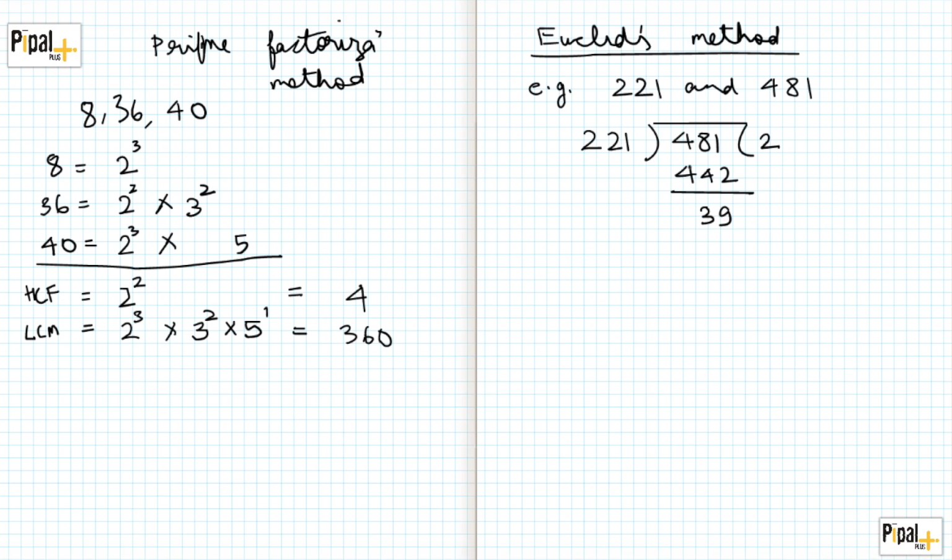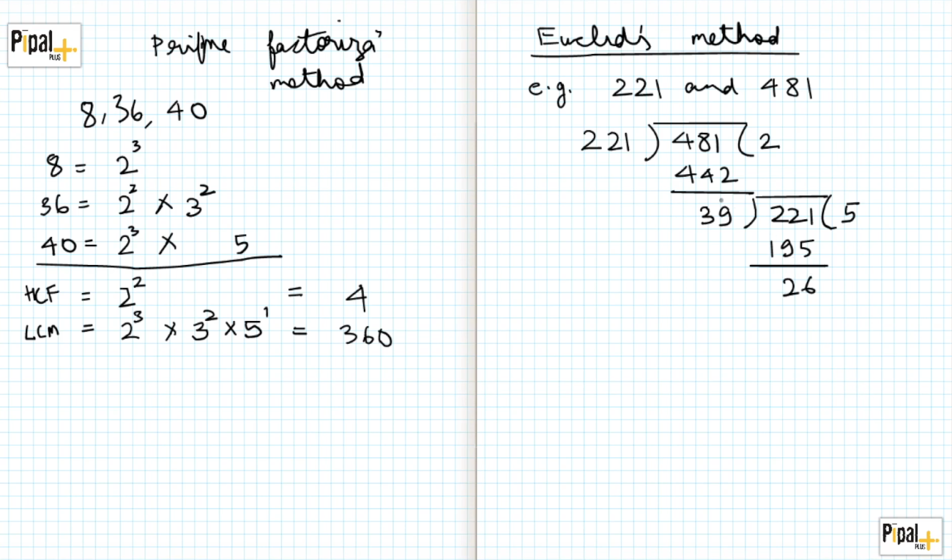Now what I do is I take this divisor and divide it by the remainder. So now I am dividing 221 by 39, the remainder from the previous computation. Now 39 times 5 gives me 195. Now the difference between these two numbers is 26.